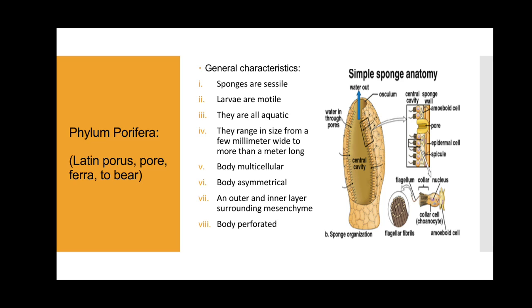The cells have been shown in the diagram, and the middle layer between the two layers is called mesenchyme. The body is perforated, which means it has many pores, and these pores are called ostia.